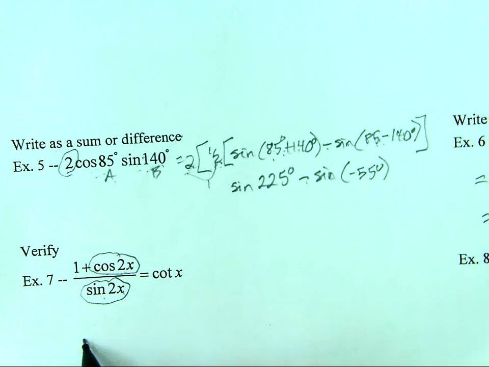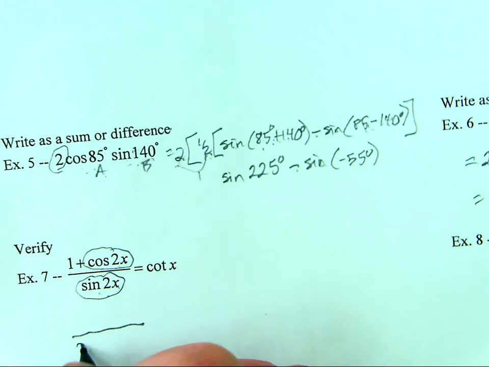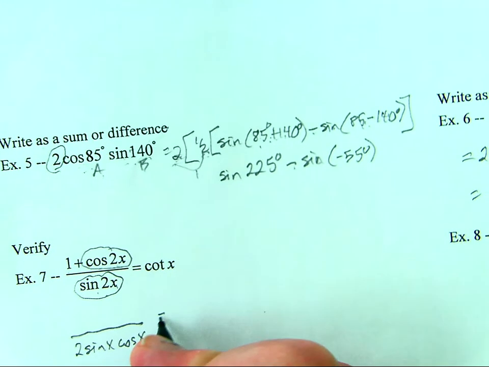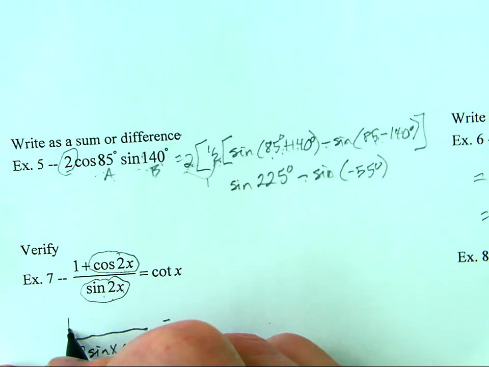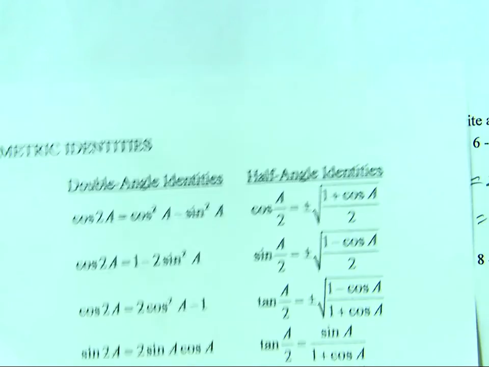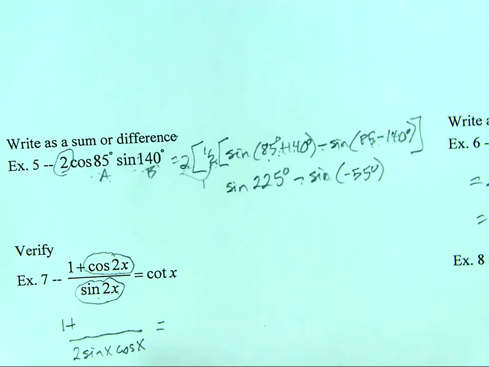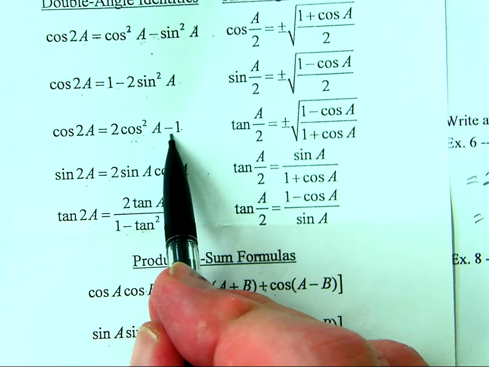Now on this one, on the bottom, the sine of 2x, the identity for that is 2 sine x cosine x. So that's going to go on the bottom. On the top, we have 1 plus. Now for the cosine of 2x, the hardest thing about this is which one to pick. Since we have a 1 in front, notice the third one has a negative 1 in it.